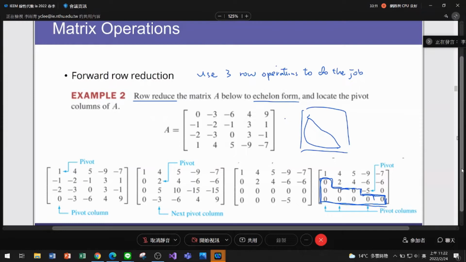Basically, we're going to use row operations.